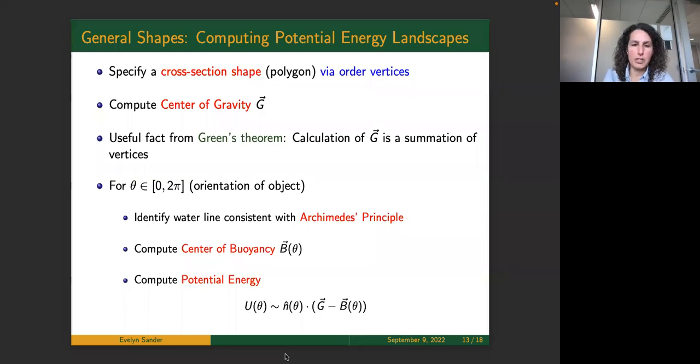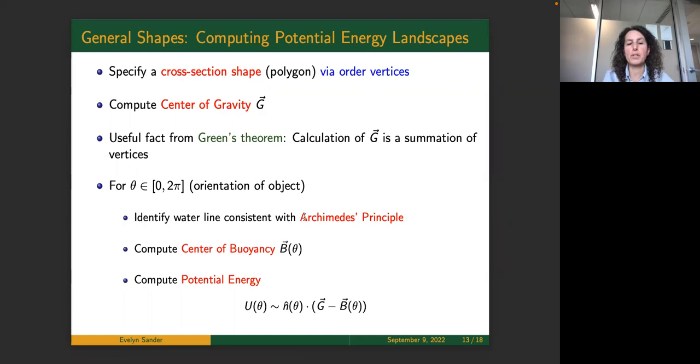And in fact, the center of buoyancy is the same thing. You have to figure out where the water line is, but once you do, you also have a polygon for the cross-section shape of the part of the object below the water line, and therefore the center of buoyancy is also just a matter of computing a summation that involves just the vertices.